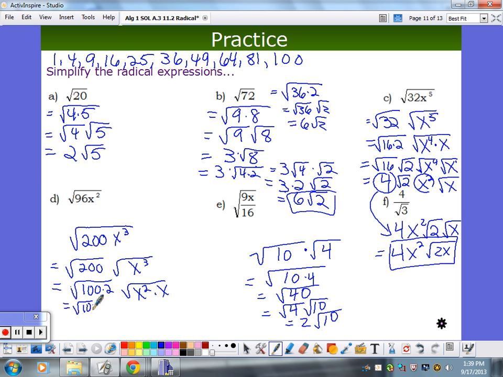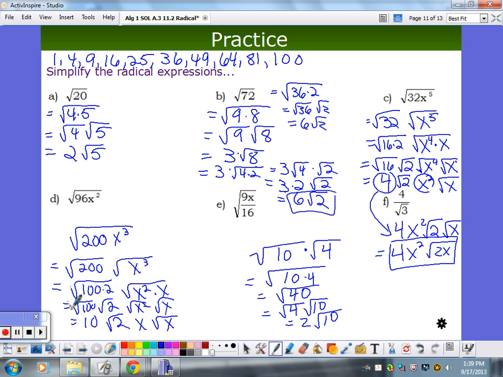All right. Square root 100 times square root 2 times square root x squared times x. What's the square root of 100? 10. Can I do anything with the square root of 2? Square root of x squared? Can I do anything with the square root of x? Okay. Now we just have a little house cleaning here.